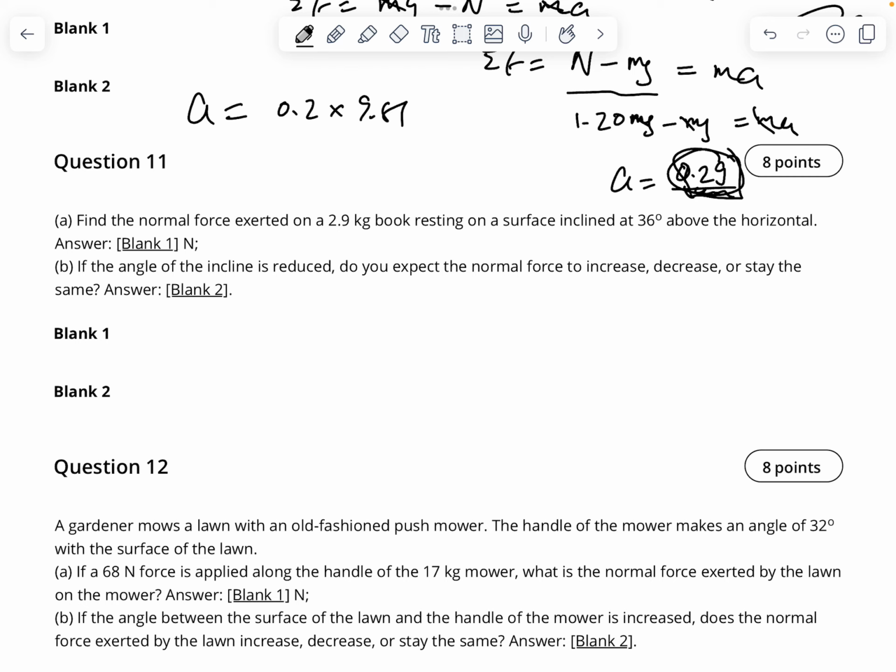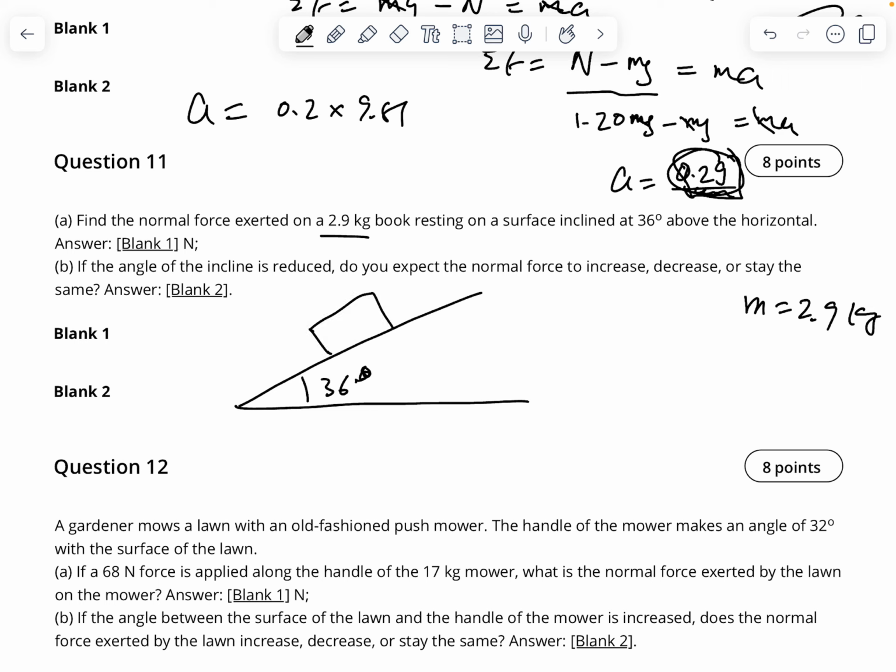Find the normal force exerted on a 2.9 kg book. So m equal 2.9 kg, book resting on a surface inclined at 36 degrees above the horizontal. Okay, so here's the book, mass m.